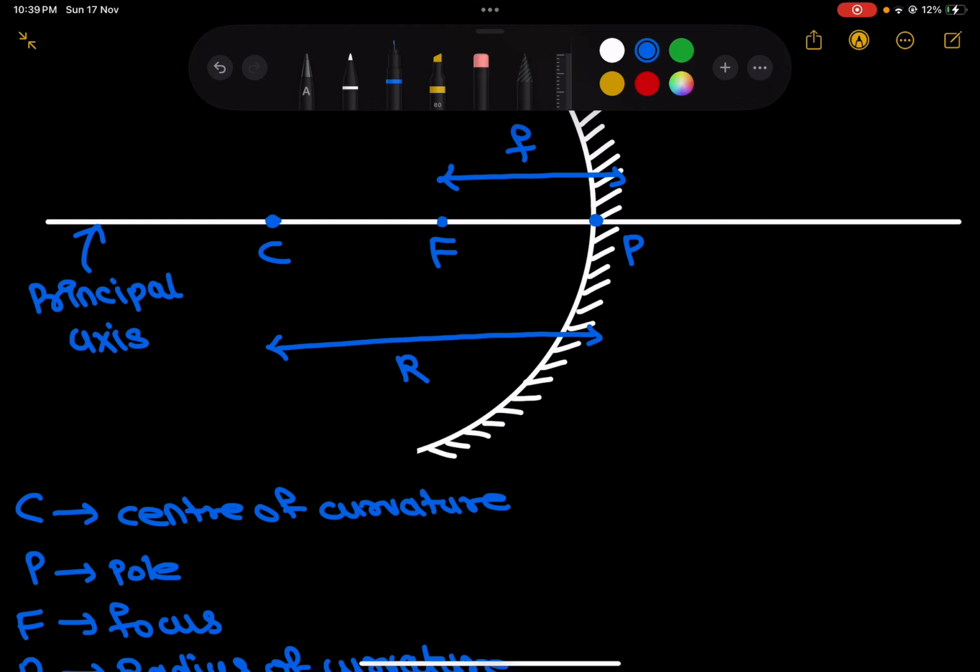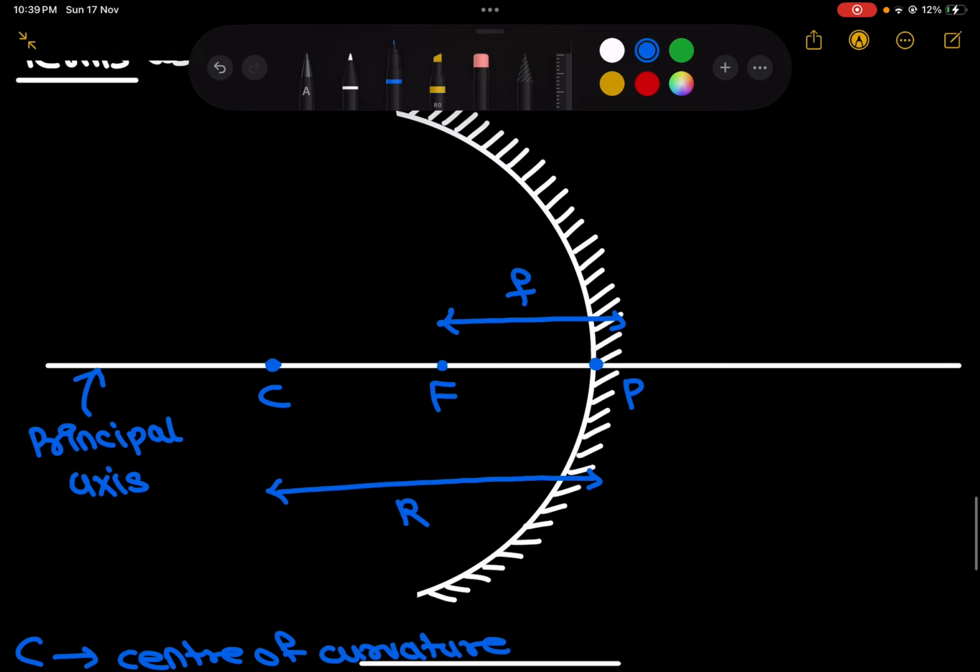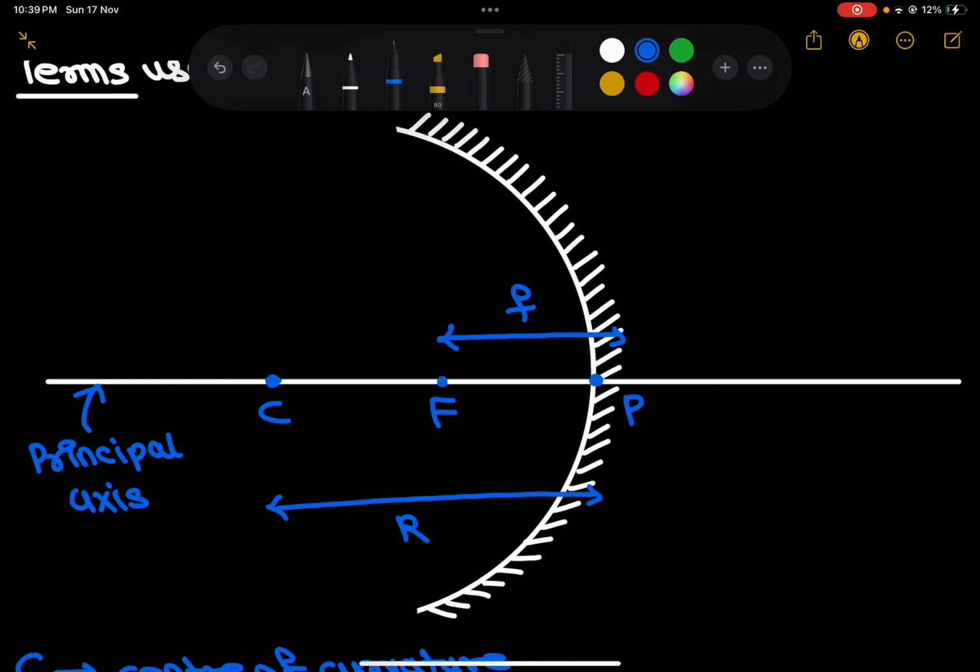Oh, before that, one more is remaining. I'm sorry. Aperture. What is aperture of this mirror? Aperture is basically this length. I'll show you. This length is known as aperture.